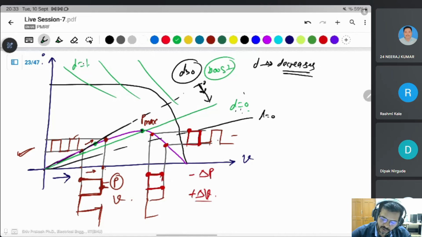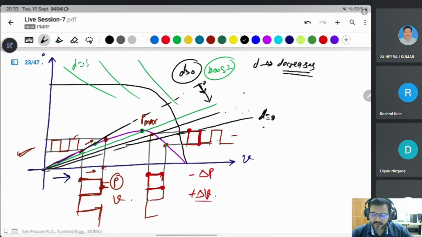Suppose you are here, but you want the same thing. This will not be possible, because if you take duty cycle 0 here, then you should be between them only. Suppose the duty cycle is greater than 0 but it is not P max, then what happens?